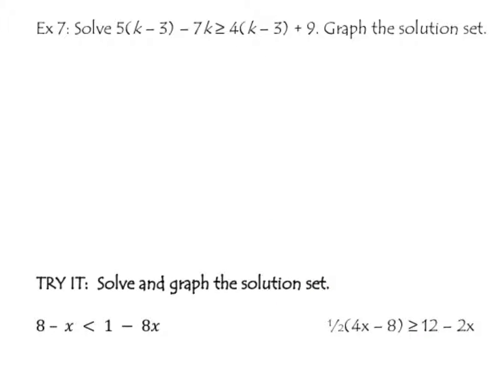So let's solve this problem on the top of page 8. We have 5 times (k minus 3) minus 7k is greater than or equal to 4 times (k minus 3) plus 9. So using the distributive property, we say 5k minus 15 minus 7k is greater than or equal to 4k minus 12. So now we combine like terms and we get -2k minus 15 on the left, and we already have it simplified on the right.